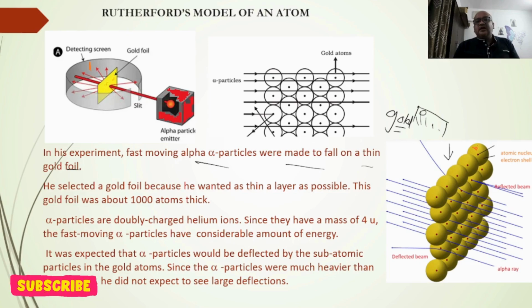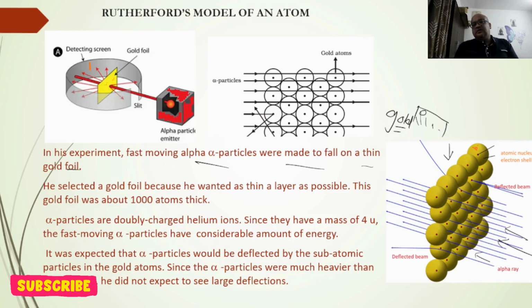Alpha particles are doubly charged helium ions. Since they have the mass of 4 daltons, the fast moving alpha particles have a considerable amount of energy. So it was expected that alpha particles would be deflected by the subatomic particles in the gold atom.